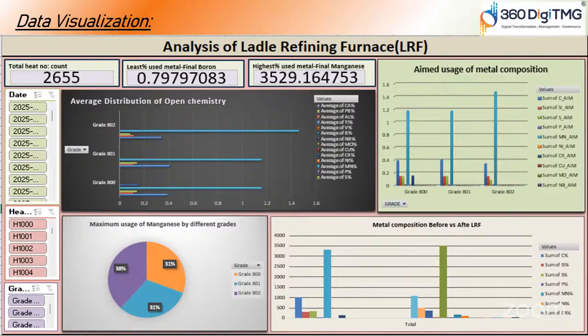You can see the column chart of metal composition before versus after LRF. This comparison shows manganese has the highest rise post refining, while silicon and phosphorus are relatively stable. This validates the efficiency of the refining process in element balancing.